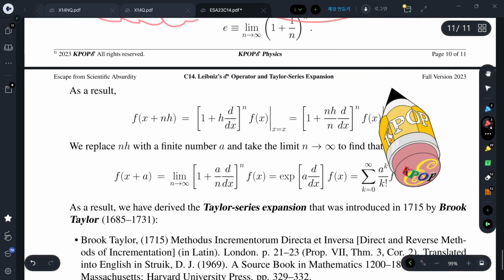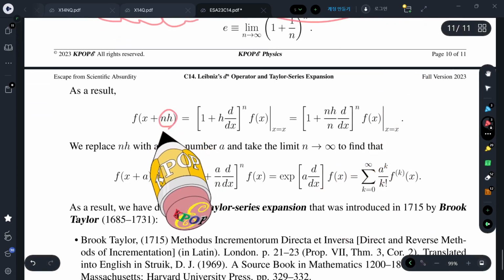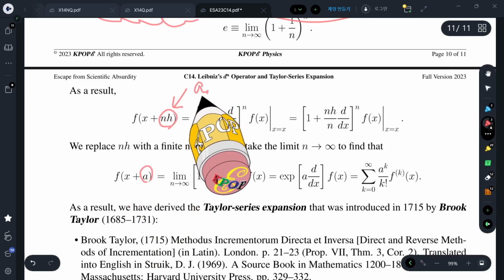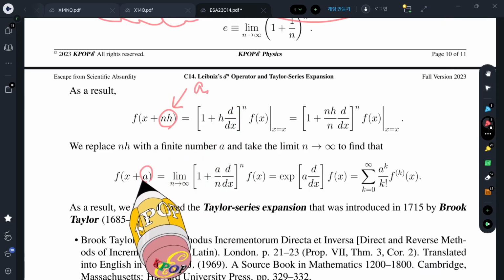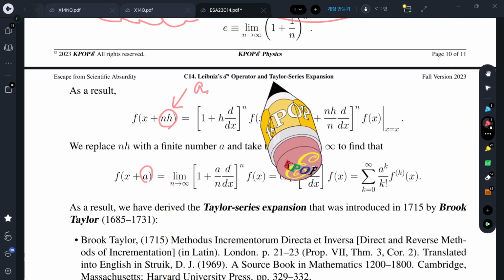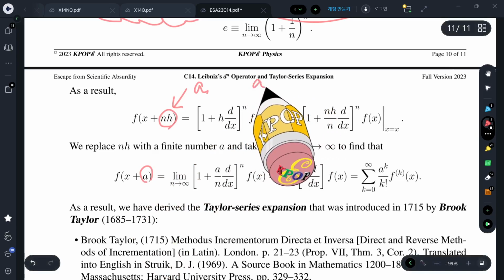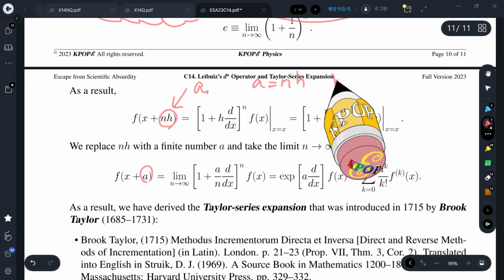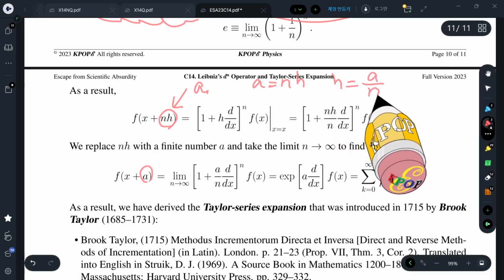By the way, nh, why don't we replace this with a finite value a? Then what I obtain in here is a equals nh. Then this h equals a over n.